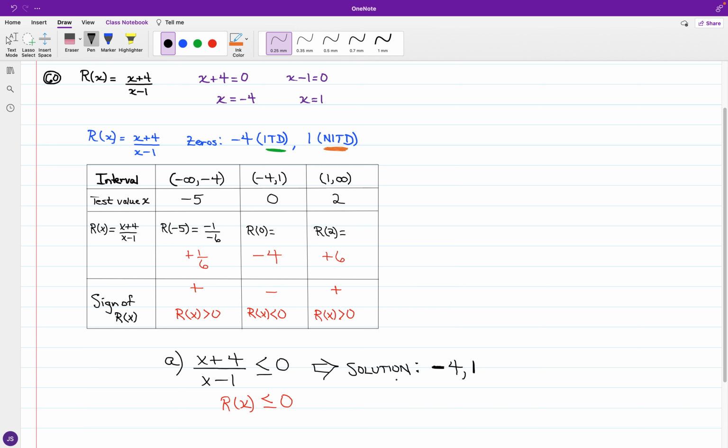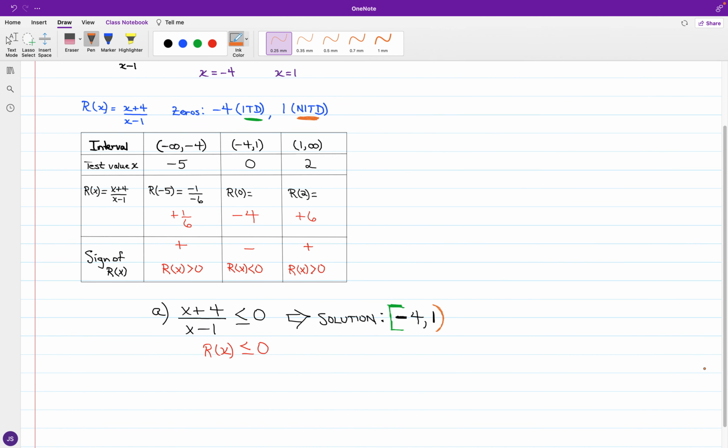You can only bracket those zeros that will create an equal to 0 situation, and it'll be with those zeros in the domain. So -4 is in the domain, so we put that in the bracket. And since 1 is not in the domain, because it would create an undefined ratio as opposed to a ratio that reduces to 0, we maintain a parenthesis around 1.